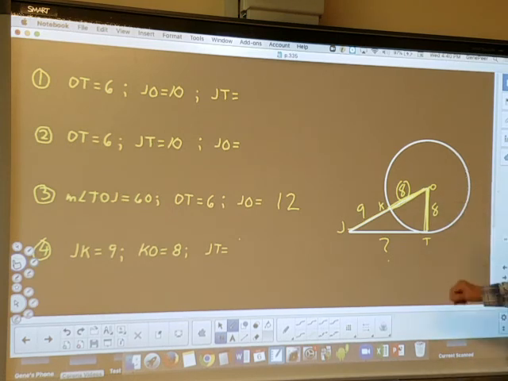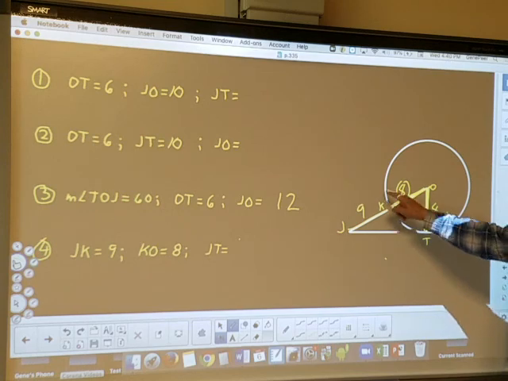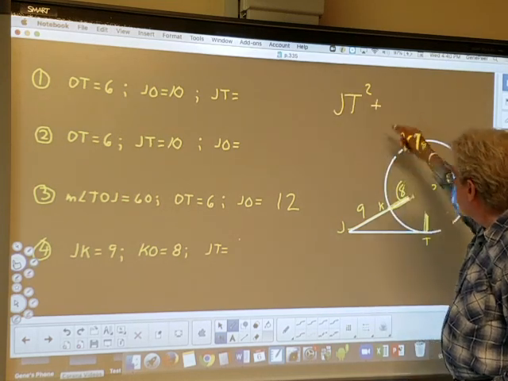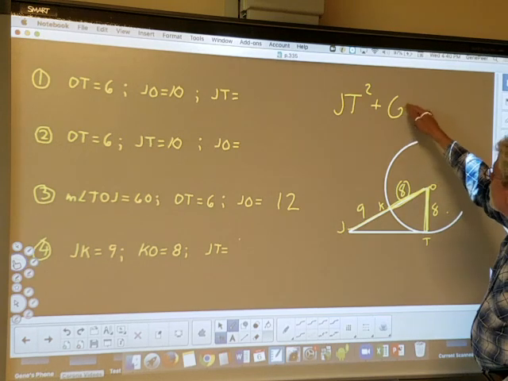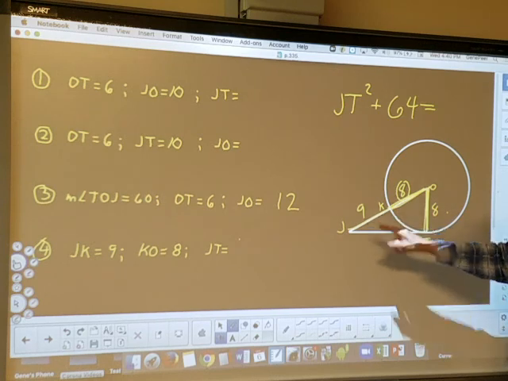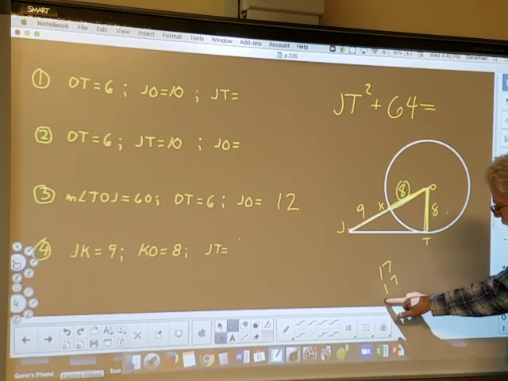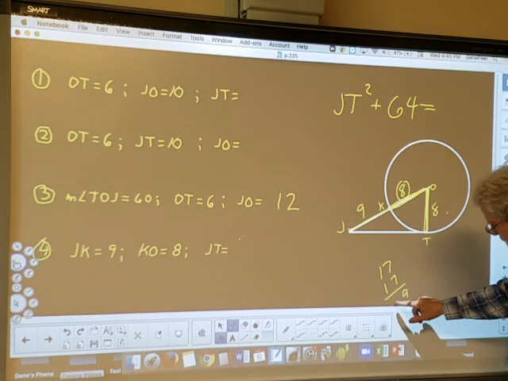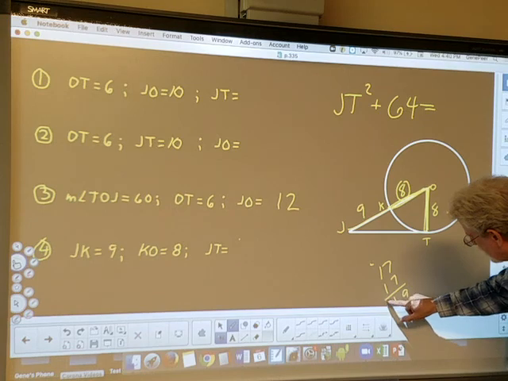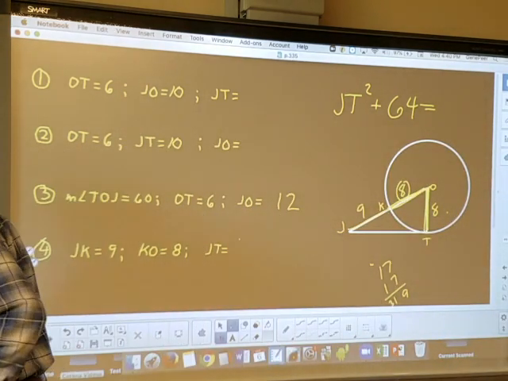So, what do we have then? We have a squared plus b squared equals c squared. We have a squared, which we don't know, plus b squared, which is 8 squared, equals c squared. That's going to be 17 squared. Oh my, what is 17 squared? I don't know. I should know, but I don't. Why is my brain not wanting to do that quickly?